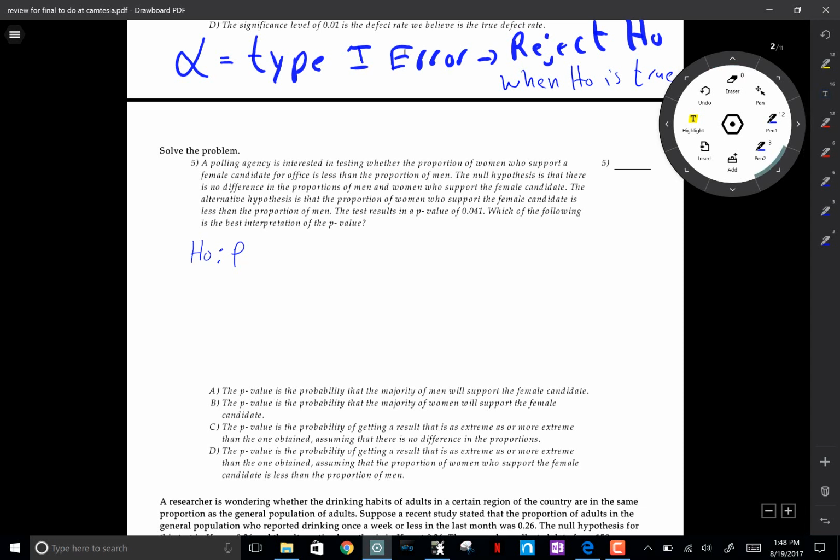So it's actually the proportion of female is equal to the proportion of male. And you can kind of see that from this portion right here. The women who support a female candidate for office is less than the proportion of men. So that's going to actually be our alternate hypothesis. So our alternate hypothesis is that the proportion of female is less than the proportion of male.